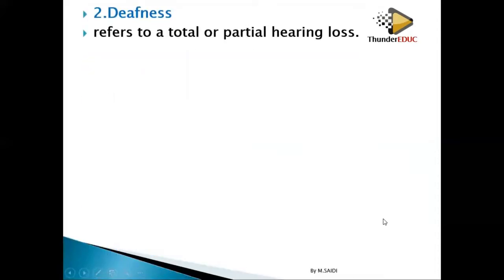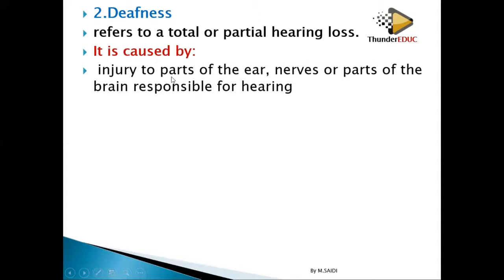Number two is deafness. It might be partial deafness or total deafness. Partial deafness means that you have difficulties with hearing. Total deafness means that you don't hear at all. It is caused by, number one, injury to part of the ear, the nerve, or parts of the brain responsible for hearing, so that the brain can't interpret what is being received.